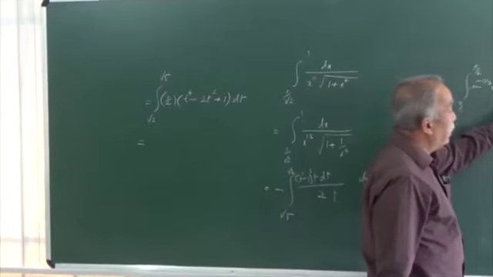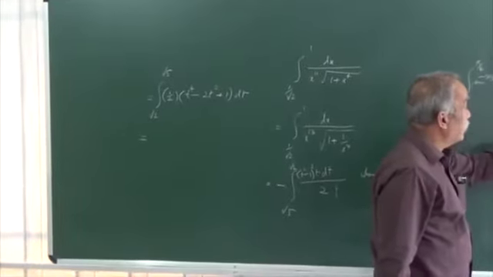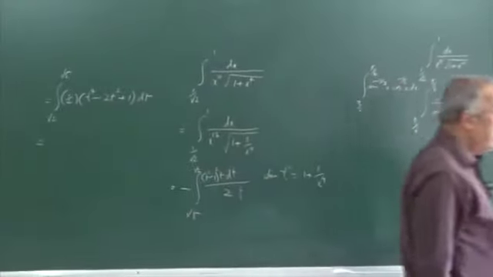Our next integral is pi by 6 to pi by 3 of sin square x cos x by sin x minus cos x dx.